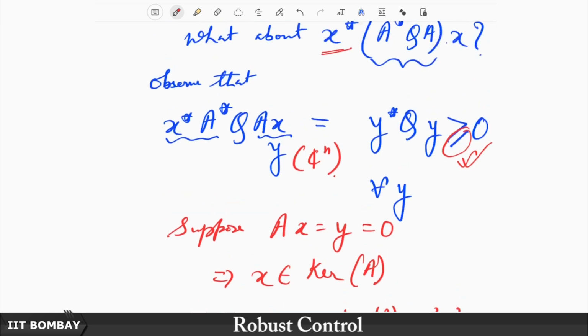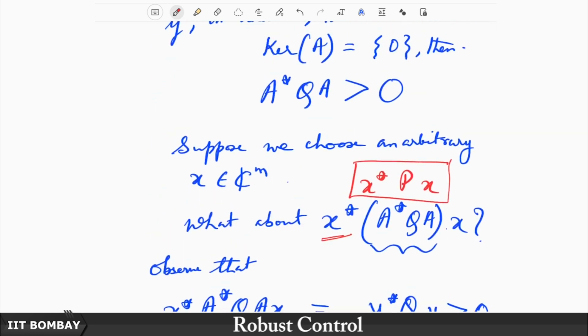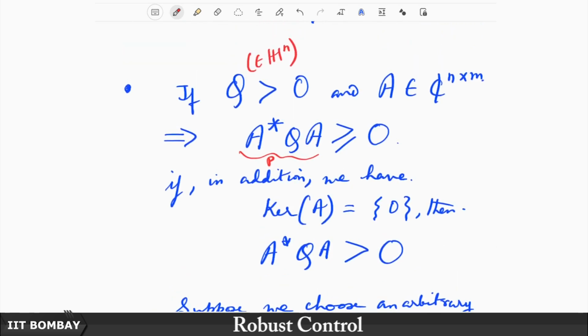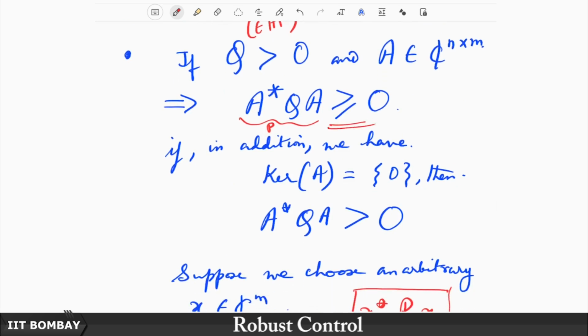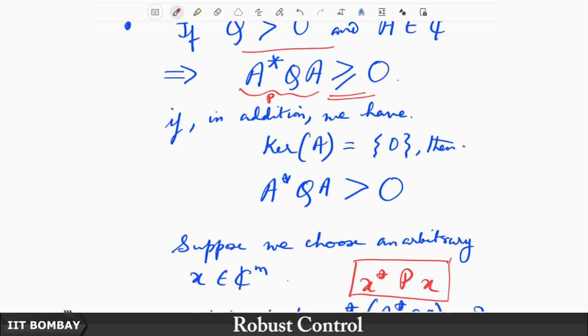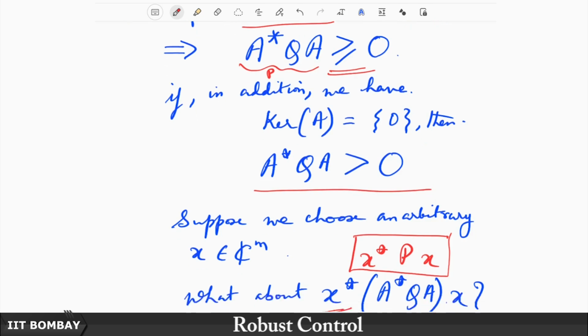In other words, P will then be positive definite, and therefore we have this refinement. So in general, if A is not full column rank, if the kernel of A is non-trivial, then you can only claim positive semi-definiteness for this matrix. On the other hand, if the kernel is trivial, then you can get rid of the relaxation and call it a strict inequality, and then you have positive definiteness instead of semi-definiteness.